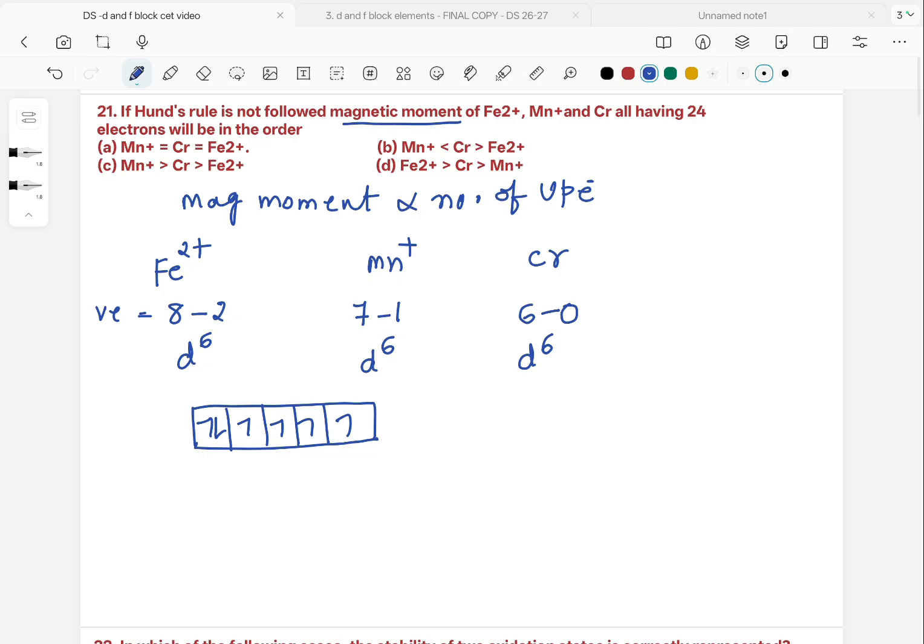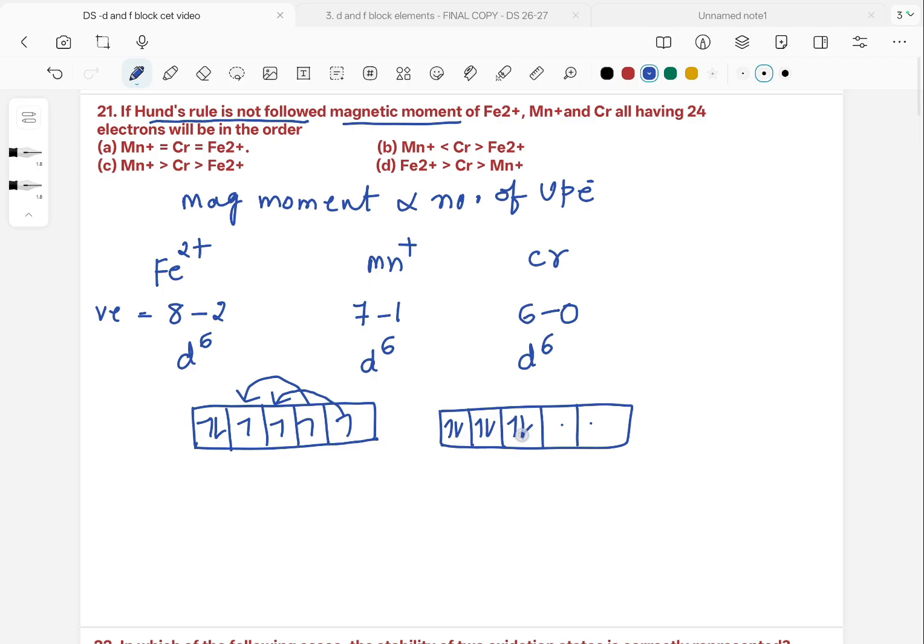Here we understood that if Hund's rule is not followed, then electrons usually occupy the lower orbitals. Therefore, this electron comes here and gets paired. Here, this comes here and gets paired. And finally, the orbital picture ends this way: 1, 2, 3, 4, 5 and 6 electrons, and these two remain vacant here.